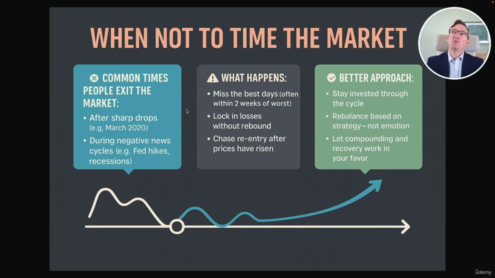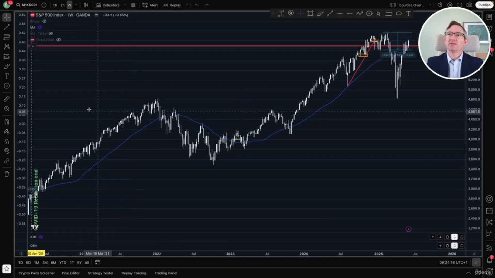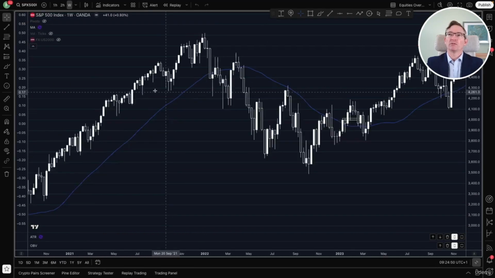Okay, so we've seen when not to time the market, and generally for those long-term macro investors, you don't want to be entering and exiting on every headline. And the problem is that you can often chase re-entry after prices have risen. This is the reality of what will often happen.